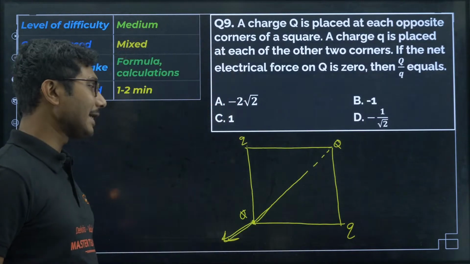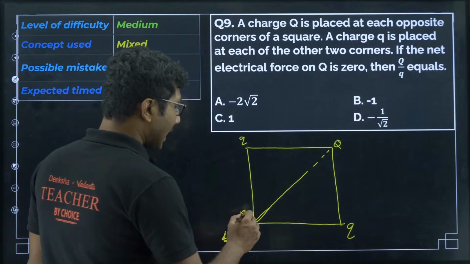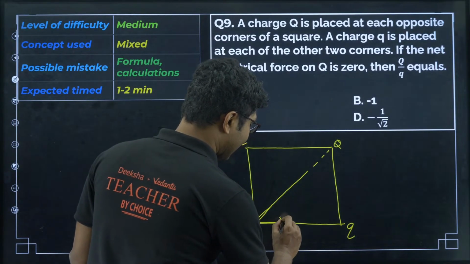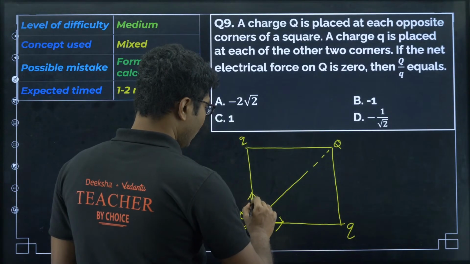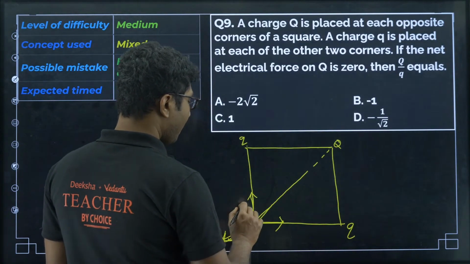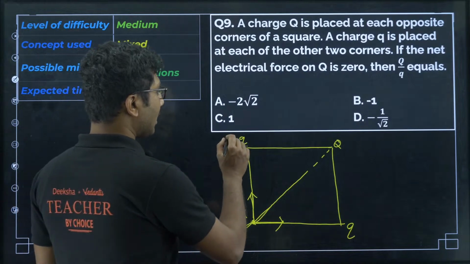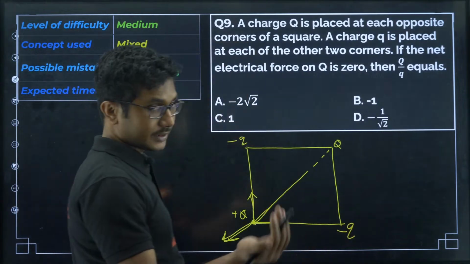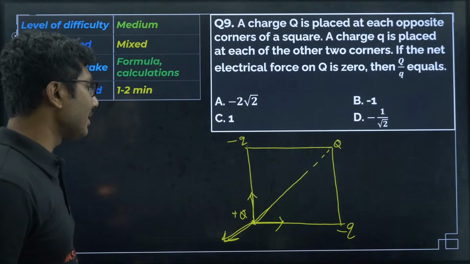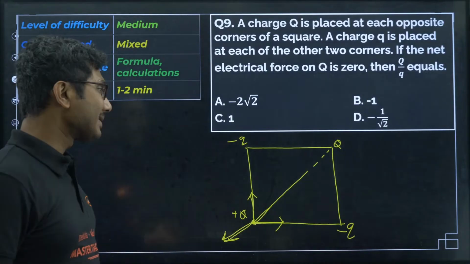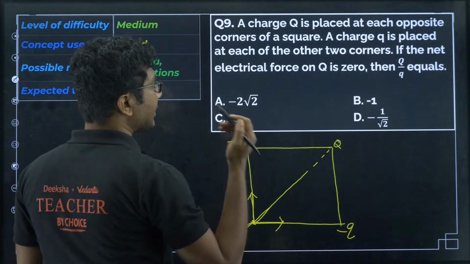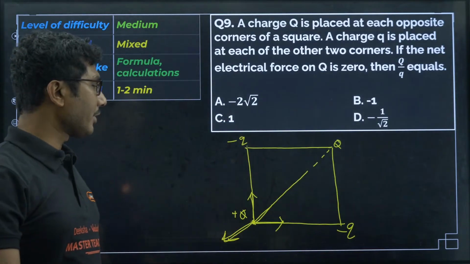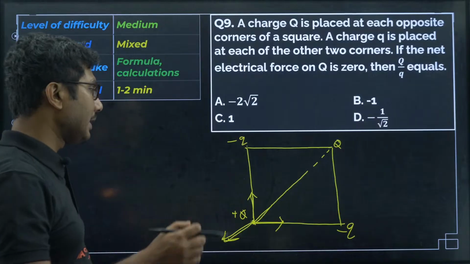That can only happen if the small q charges are attracting in these directions. So if Q is positive, then small q has to be negative, and vice versa. We are not interested in the exact sign, but when finding the ratio, the ratio has to be negative. The ratio cannot be positive.